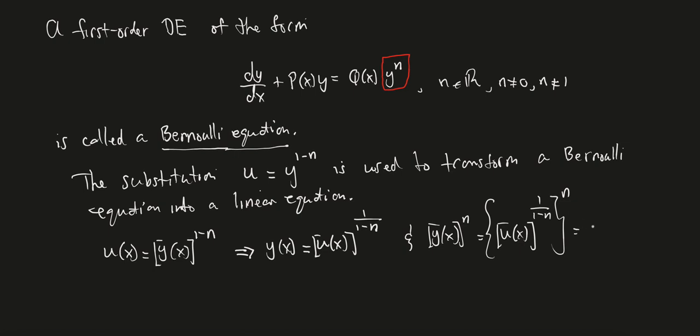So this comes down to u of x to the power n over 1 minus n. So I have this one highlighted; that will become u to the n over 1 minus n. I have this taken care of; that's going to be u to the power 1 over 1 minus n.